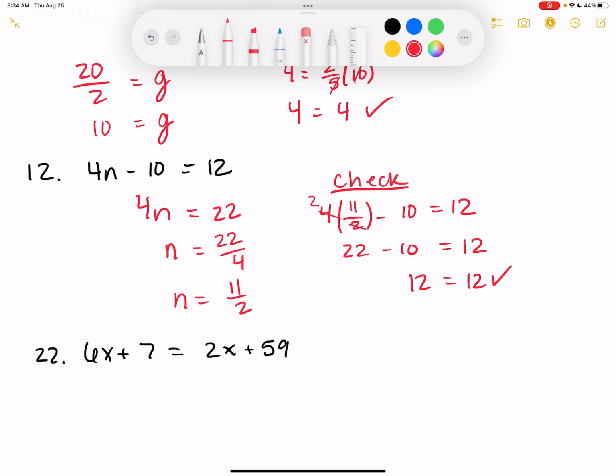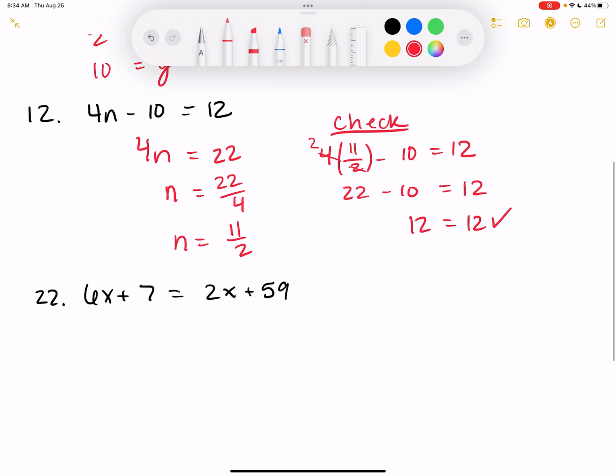And if you want to do that as one step, I'm completely fine with that, just to save room. So what do I need to do first? Subtract 2x. So that's going to give me 4x plus 7 equals 59. And then what? Subtract 7. So 4x equals 52.